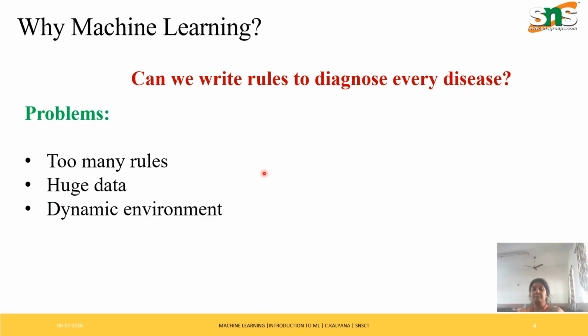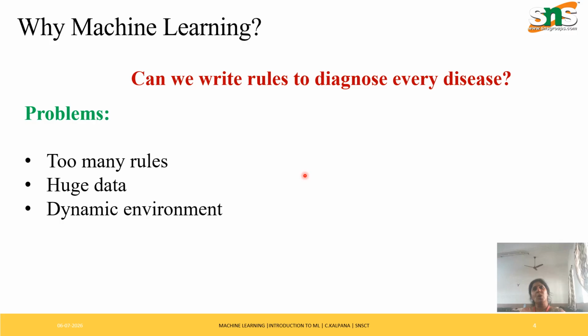For example, if you are going to predict whether a particular person is a coronavirus-affected patient or not, obviously you will have a set of rules, like if the person has cough, severe fever, illness, body pain, and so on. You'll have so many questions, correct? So many rules you will be generating.